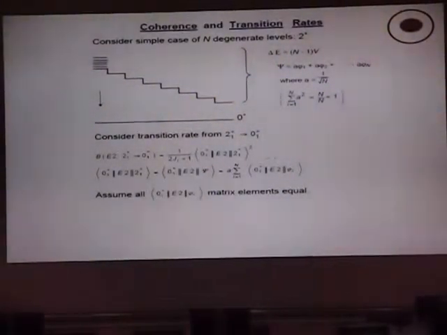Now I'm going to assume that each one of these unperturbed states decays to the ground state by the same matrix element. Now that's a stupid assumption. It's clearly not true, but I want to illustrate the point. So let's just do that.